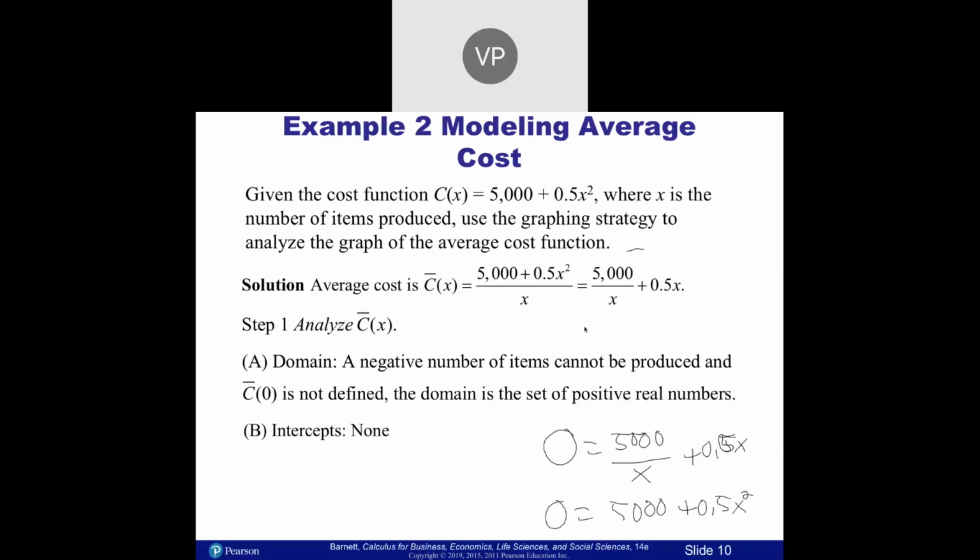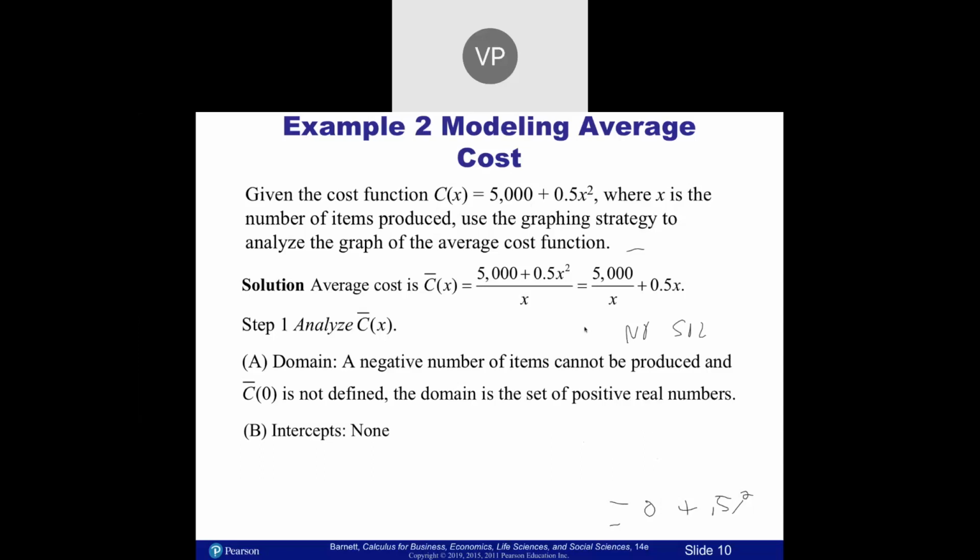Notice I can't factor this because it's a square and a positive number. If it were the difference of two squares, I could factor it. But when it's the sum of two squares, there's no factoring, which means there's no solution for that as well. That's how we know there are no x-intercepts, nor any y-intercepts. Our graph never touches either axis.